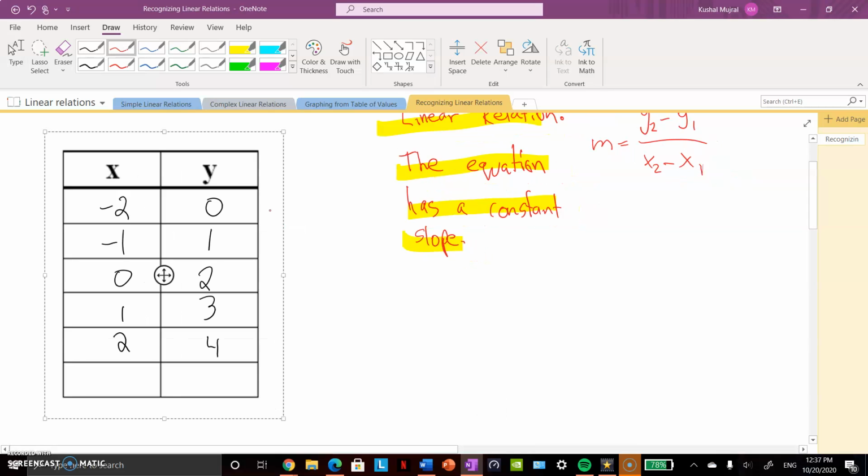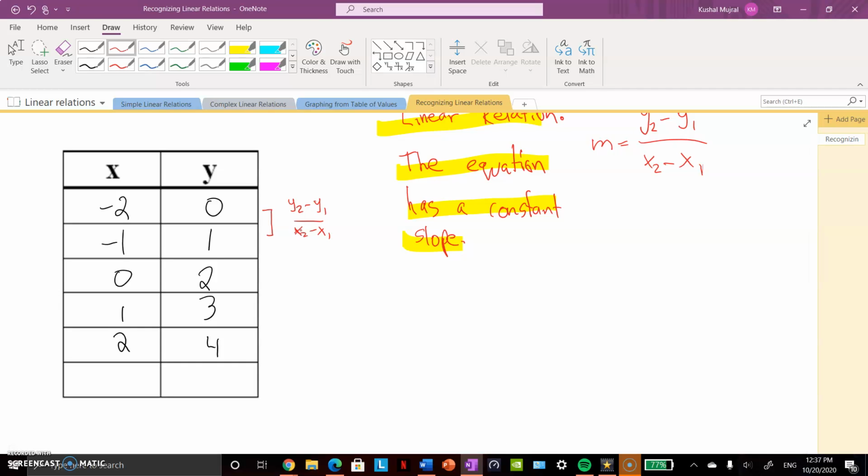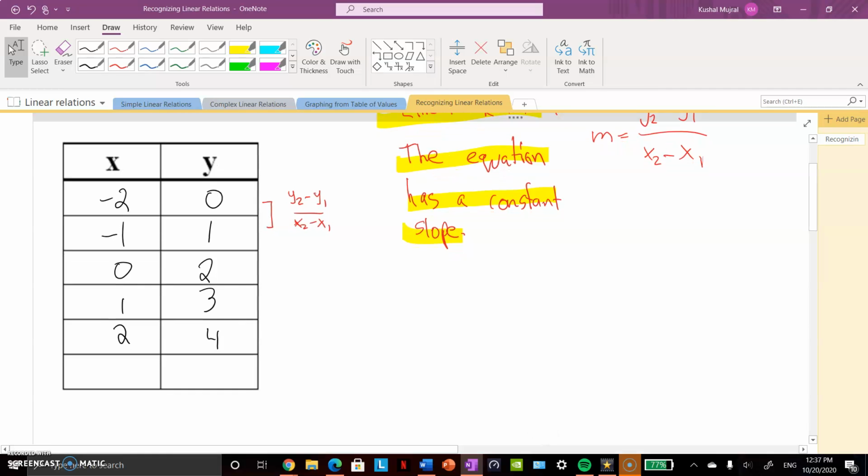Let's look at the slope between these two numbers. It's the second y value minus the first y value, divided by the second x value minus the first x value. That's what your m is.